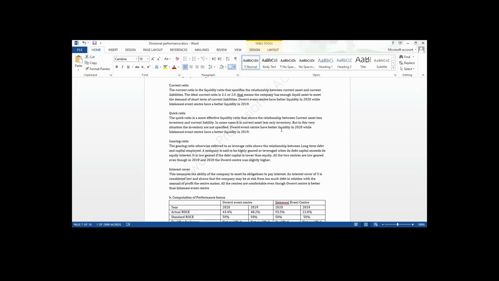Interest cover ratio. This measures the ability of the company to meet its obligation to pay interest. An interest cover ratio of 3 is considered low and shows that the company may be at risk from too much debt.